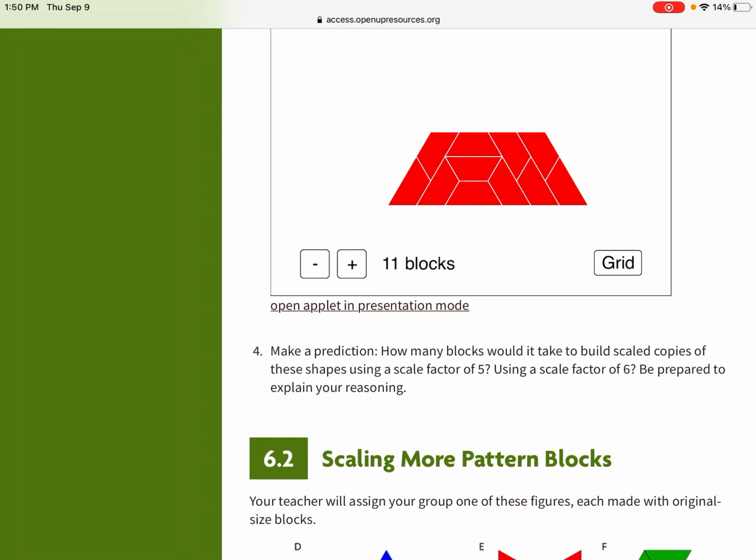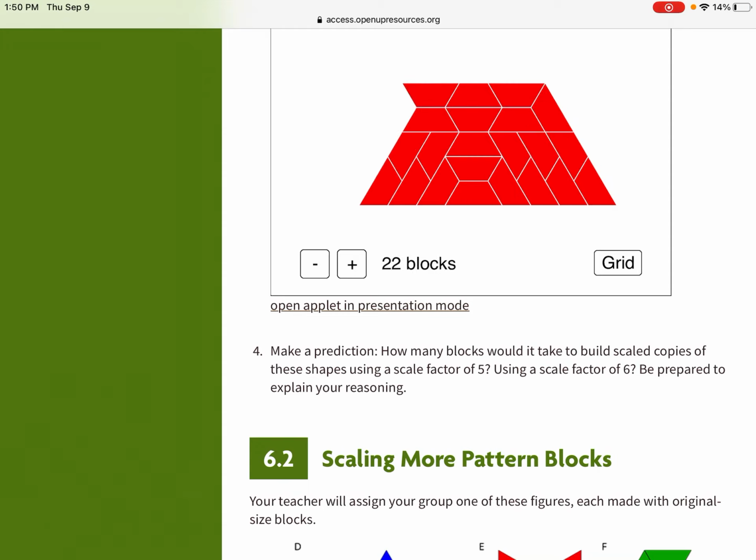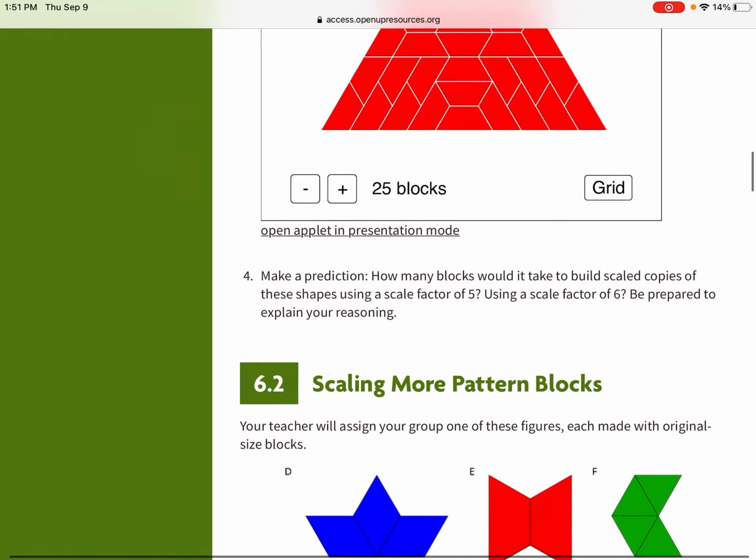Real quick, if we go through this, there's 4 times bigger, and this would be 5 times bigger. If you count those all up, you will see that, in fact, it took 25 to make every side 5 times bigger.